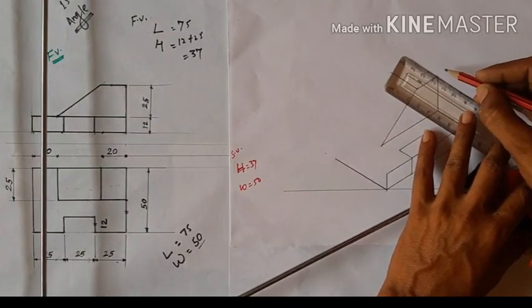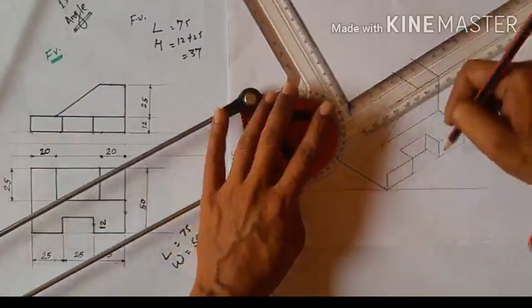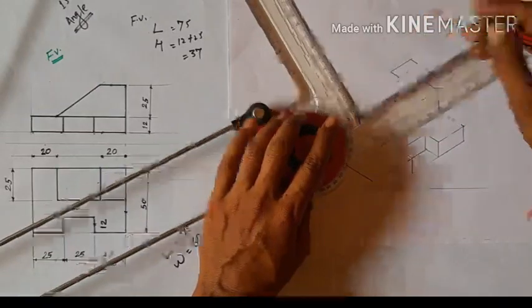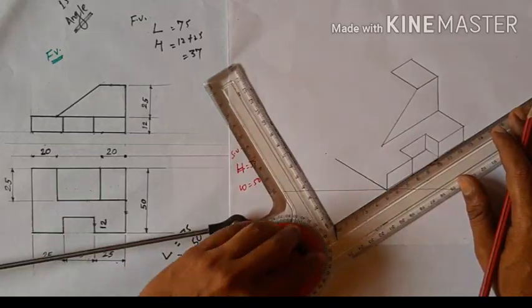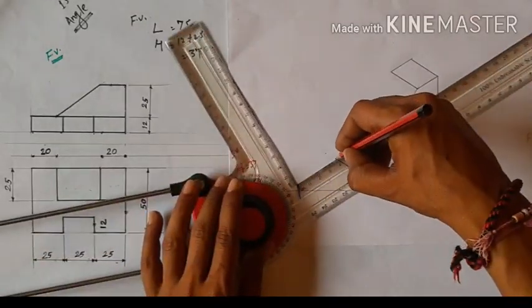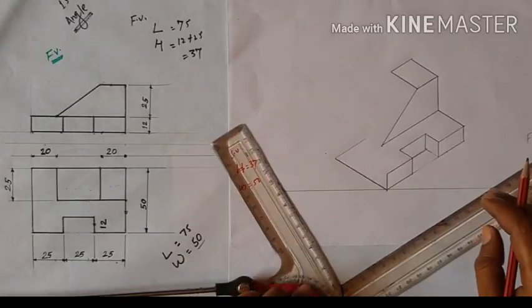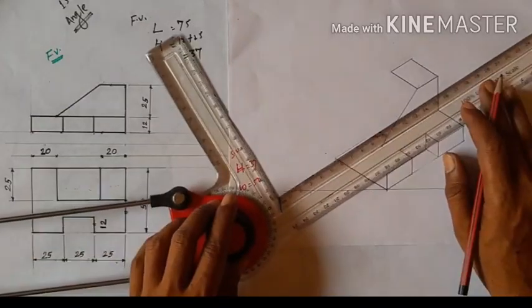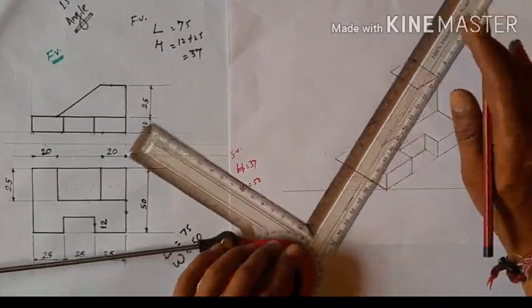Again from here we draw a 25 mm line and join these two parallel to the length. Now we take the dimension for our side, and like this we again draw a line parallel to it.